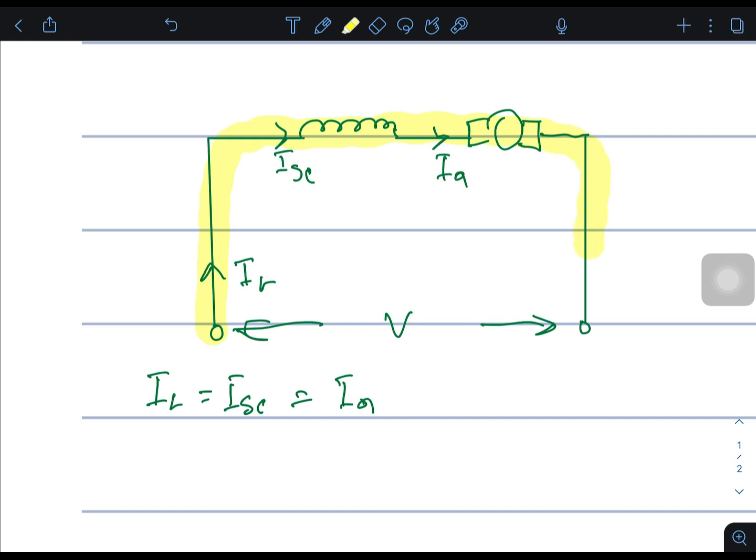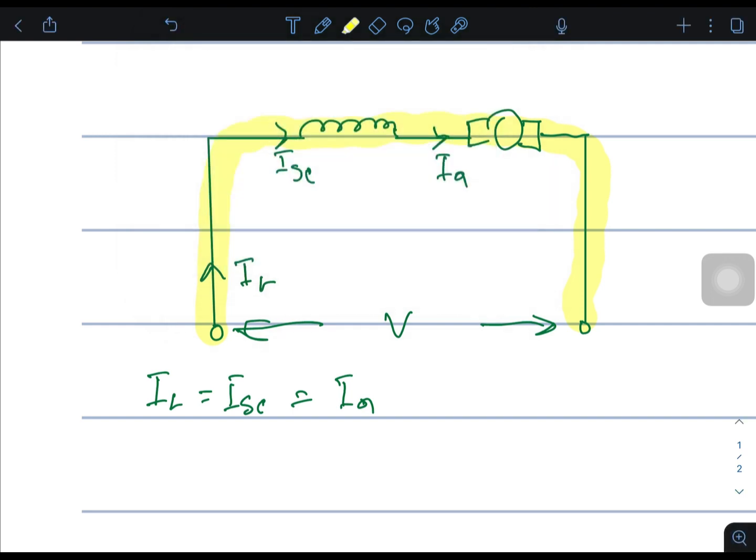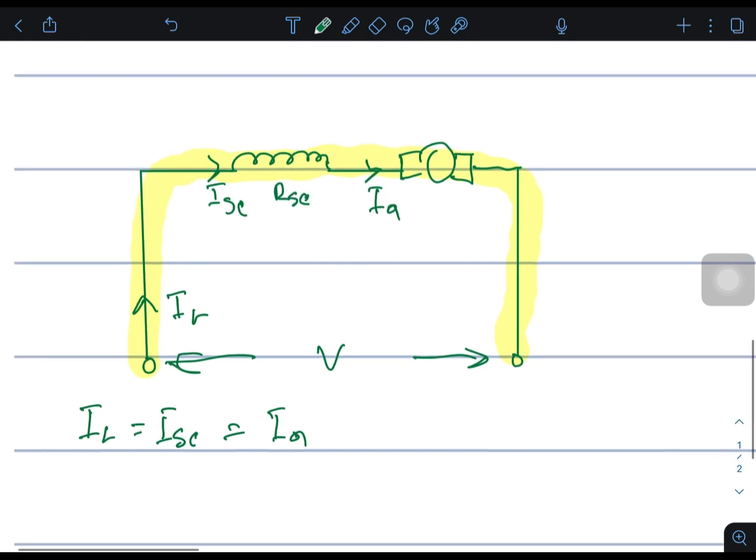Then we must not forget that the field winding has a resistance R series, and the armature has a resistance RA.